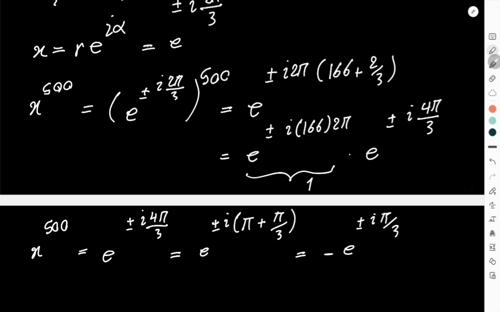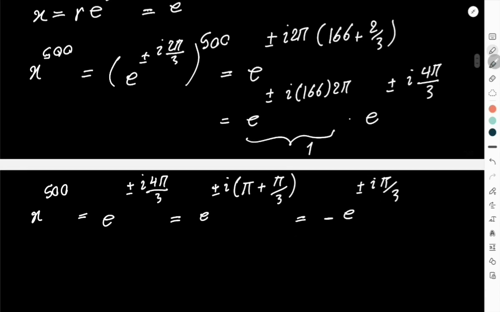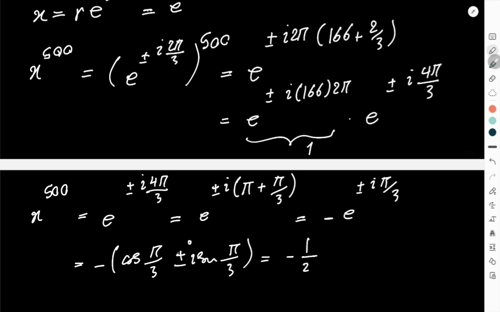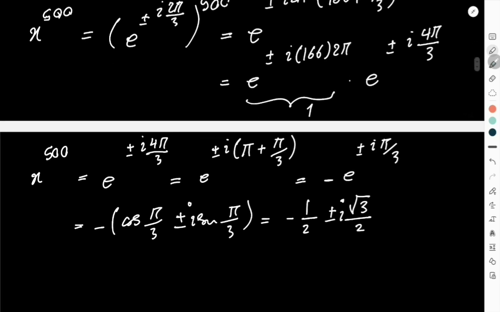If you expand it, you get minus cosine of π over 3, plus minus i sine of π over 3. And then this becomes minus 1 over 2. Minus times plus minus is the same as plus minus, it doesn't really change anything. And a square root of 3 over 2. Interesting. And you also have i here. So this is what we get.